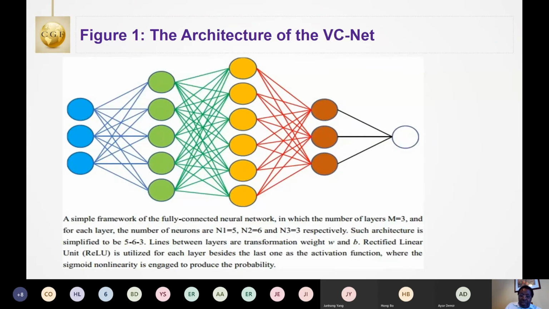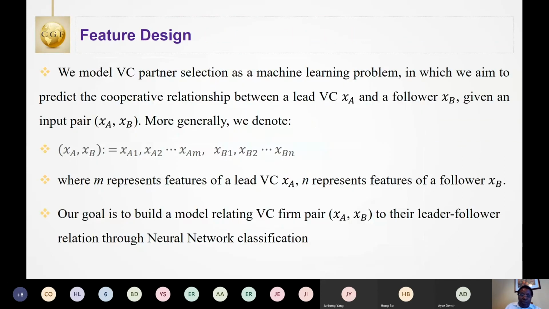But let me highlight here the feature design we use. We model venture capital selection as a machine learning problem, as I mentioned in that chart, in which we aim to predict the cooperative relationships between the lead venture capital, XA, and the follower or partner venture capital, XB, given the input XA, XB.